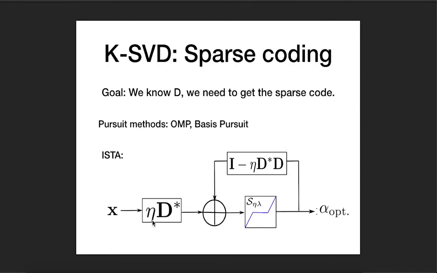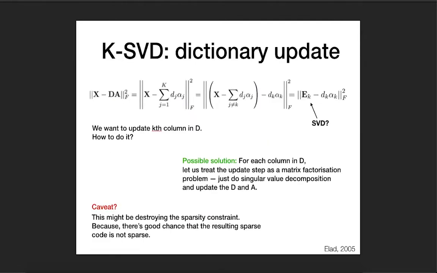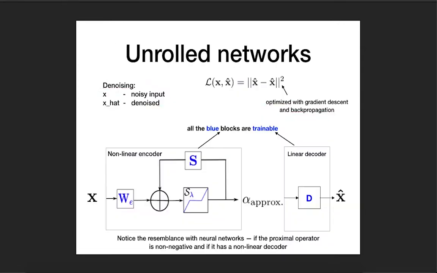Now I'm just removing this D transpose and I minus D transpose D, and I'm placing some random matrices W, E, and D. So you have W, E, and some random matrix S, and you're getting a noisy input X, running it through this, getting an approximate sparse code, and then using a dictionary D, which you also learned before, to reconstruct X, right?